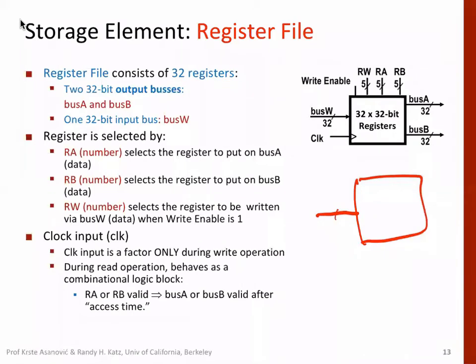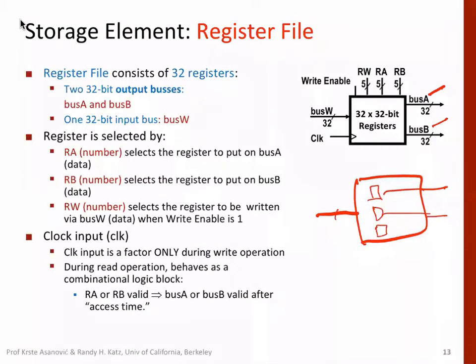In all the instructions you have seen so far, writing is only into one register, while reading can be done from two registers. Correspondingly, we have two buses, bus A and bus B, where two registers inside can be read at a time.